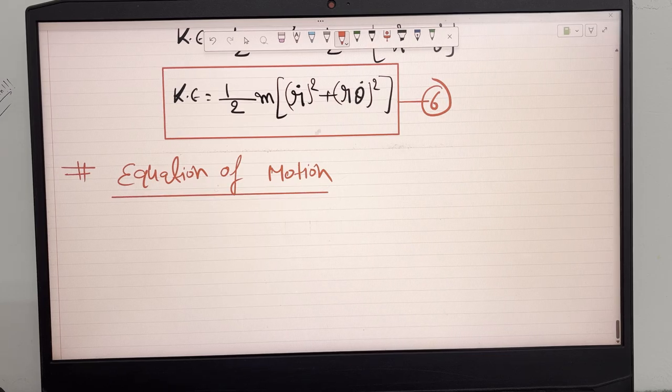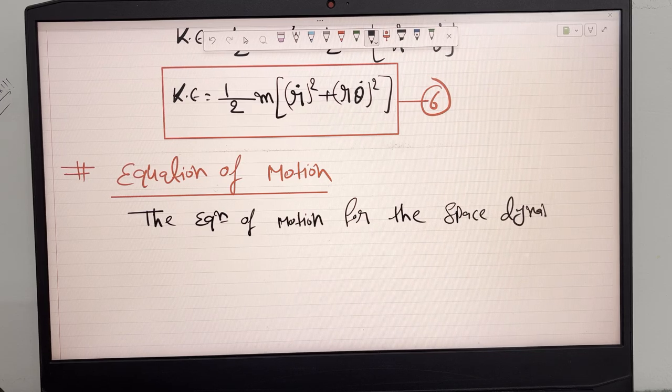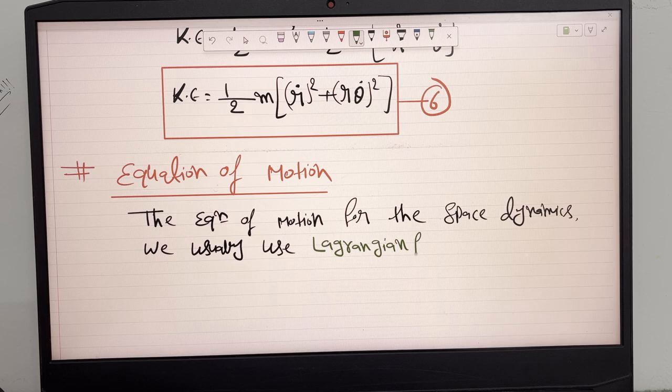So the equation of motion for space dynamics, we usually use something called the Lagrangian function.